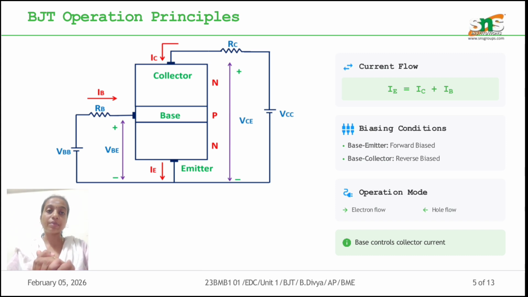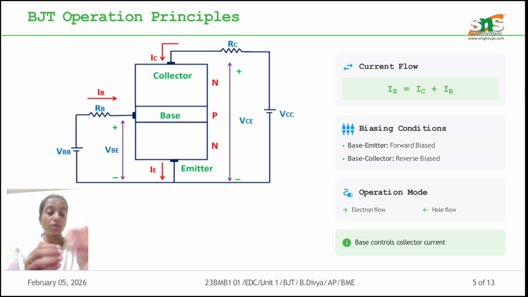Once the supply is given, current flows through the collector, where we have electrons; in the base, which is P, we have holes; and again in the N we have electrons. So electron and hole recombination occurs.